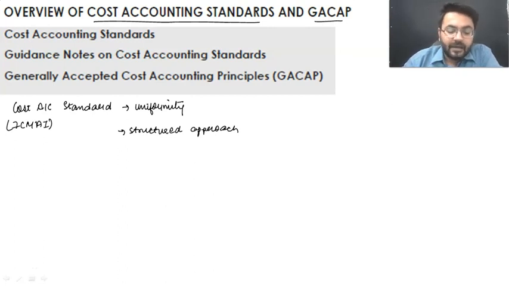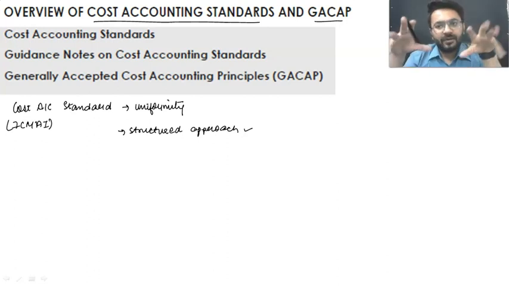Apart from that, if we have uniformity and a structured approach, it is going to help us understand any kind of costing records very easily. Just like you are able to understand the balance sheet very easily. How can you understand the balance sheet easily?